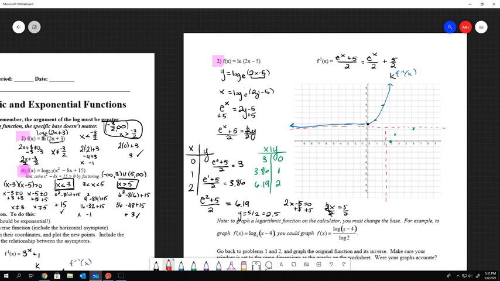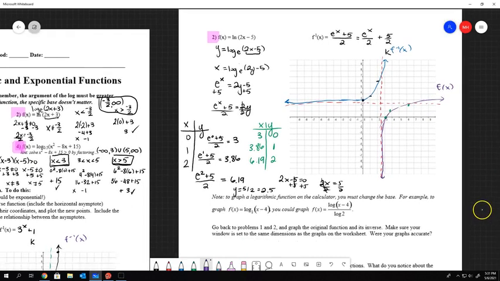So once again, when it comes to the asymptotes, it looks like we did switch x and y for vertical and horizontal. So this would be f of x. So this is our graph. We're done with this one.